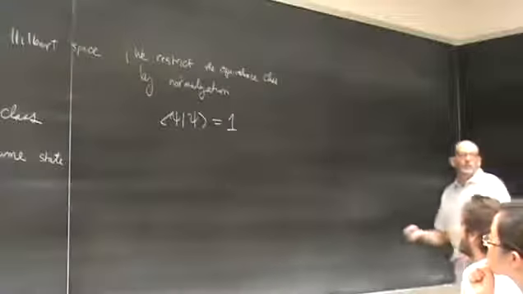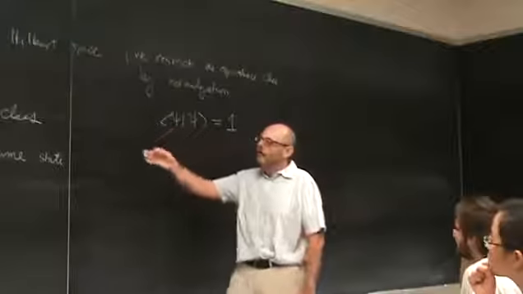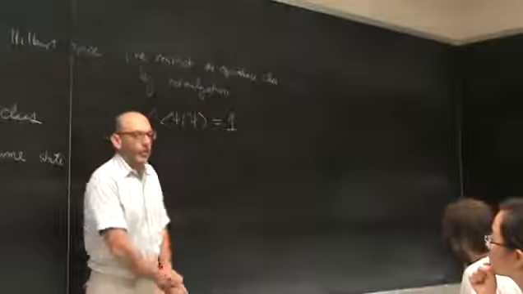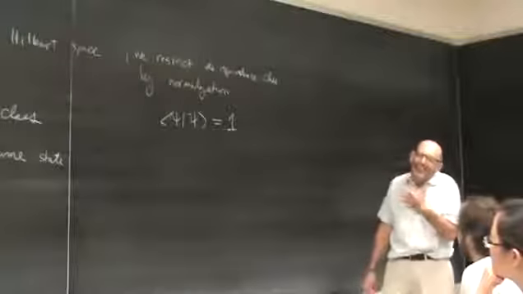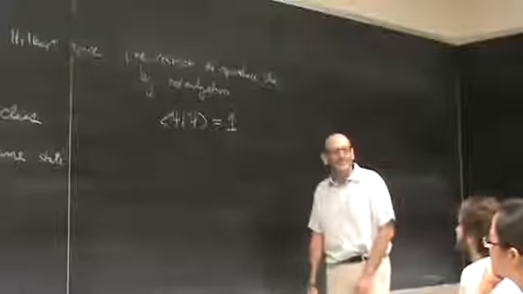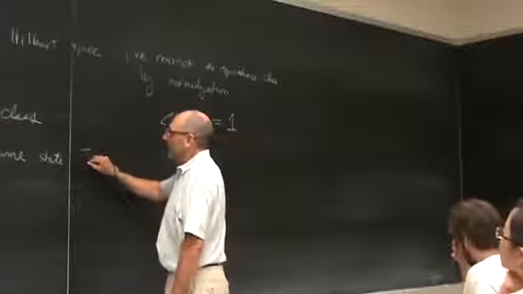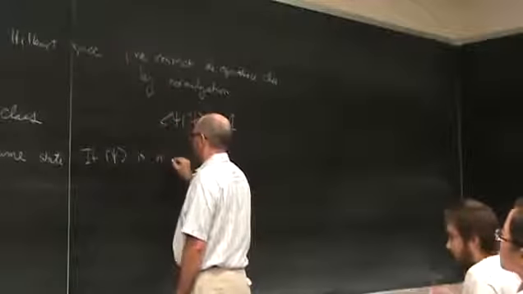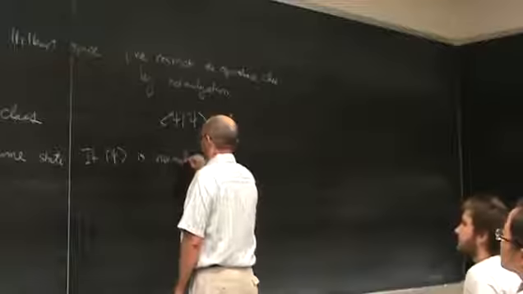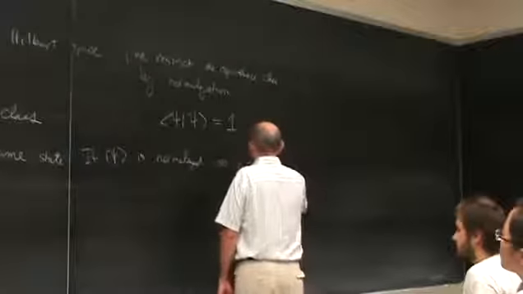If it's not normalized, we could just divide by its norm and make it norm 1. As we've discussed, that doesn't nail it down completely, because if this state is normalized, so is this.